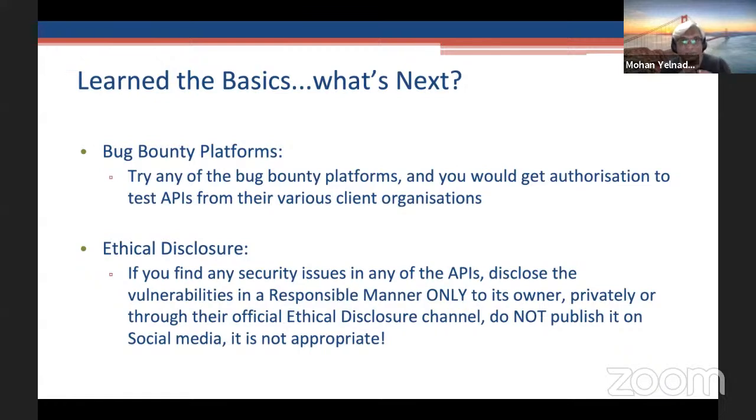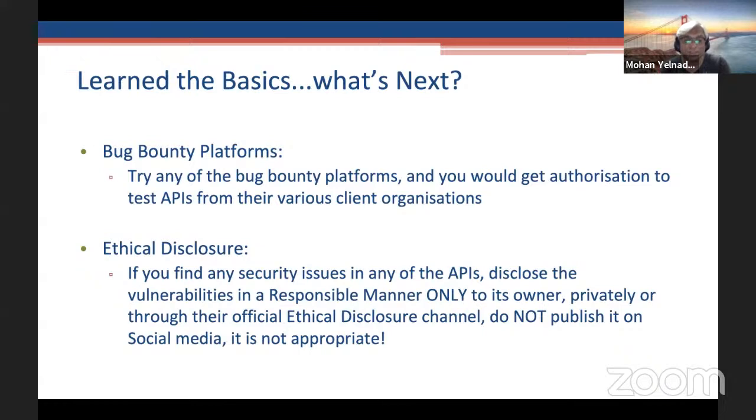So the ideal workflow is you identify the vulnerability, you disclose it ethically to the owner of that API, and you give them some time to understand whether it is actually a vulnerability or not.